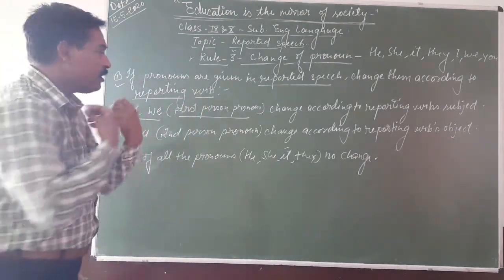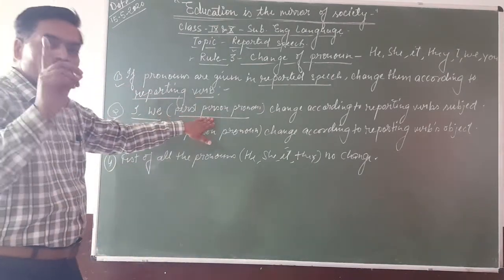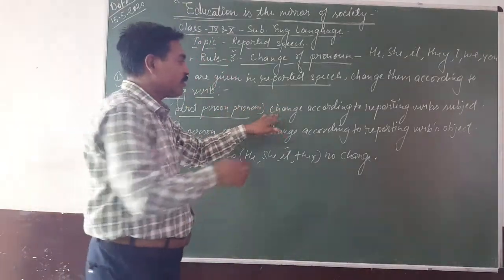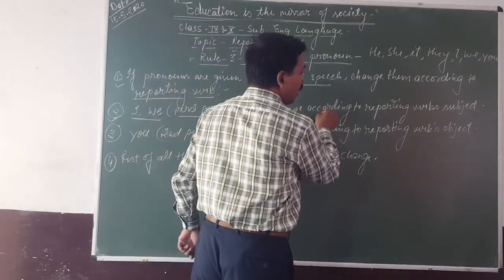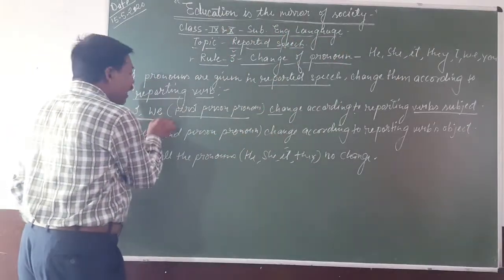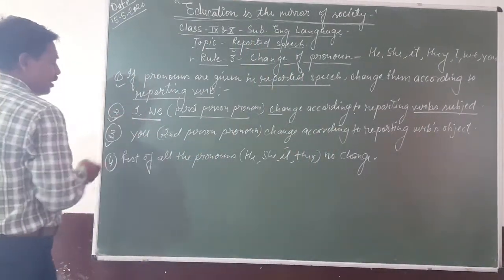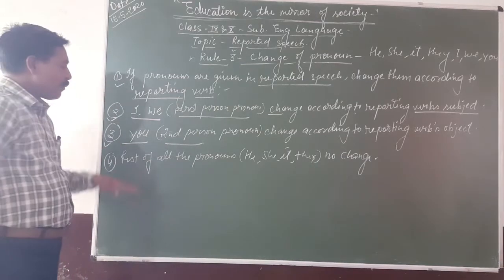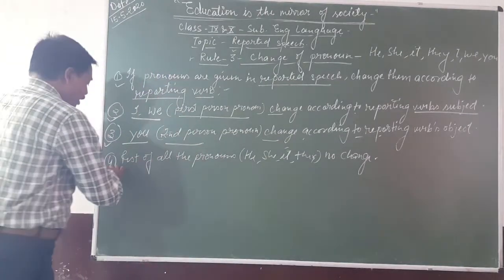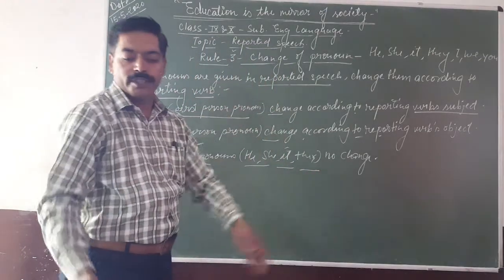Second rule: if I and we, first person pronouns, are given in reported speech, then change them according to the reporting verb's subject. Next, you is second person, so second person changes according to the reporting verb's object. Third rule: the rest of all the pronouns, like he, she, it, they, no change. Okay.